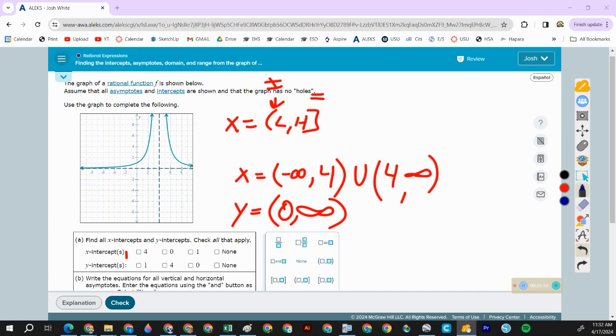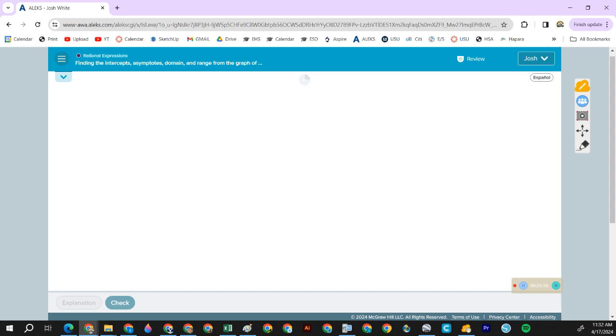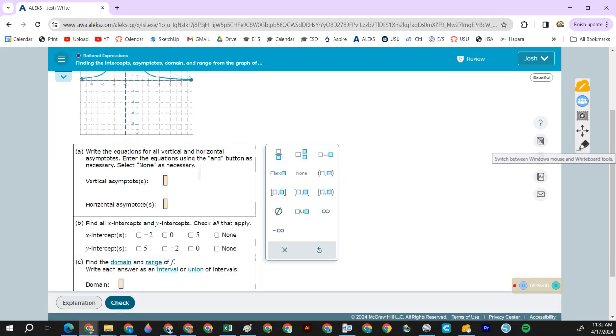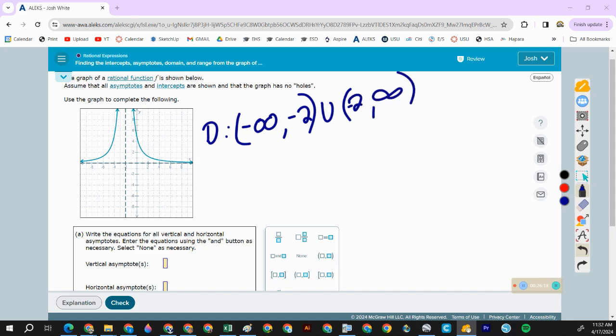Okay, let's do another one of those. All right, so the domain is going to be negative infinity to negative 2 union with negative 2 to infinity.